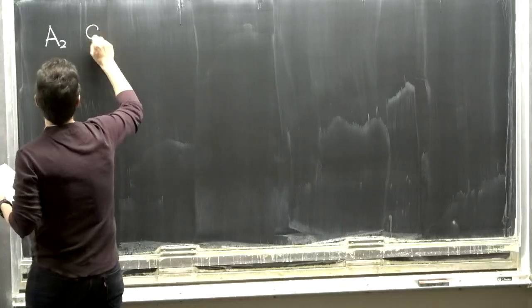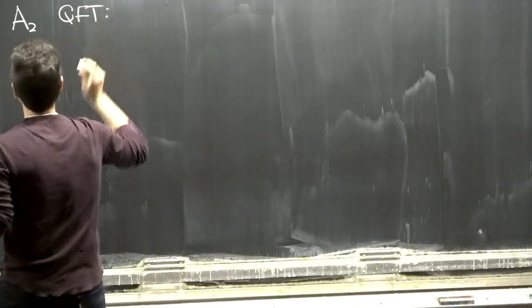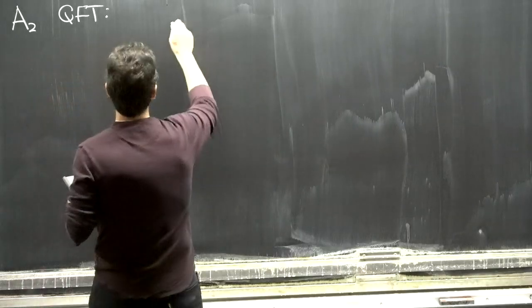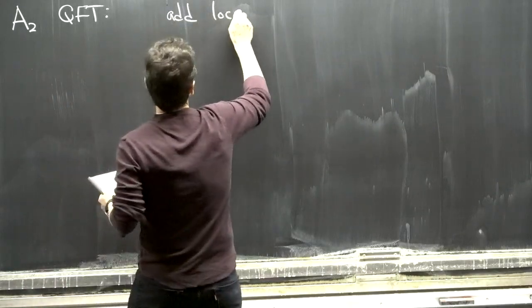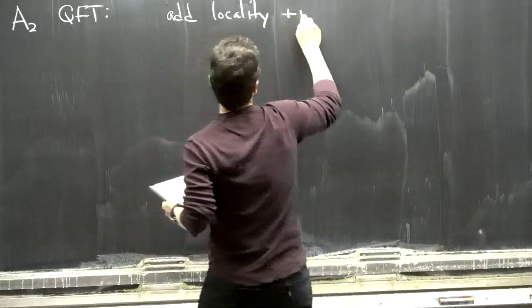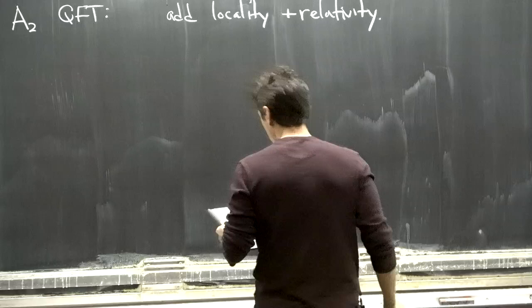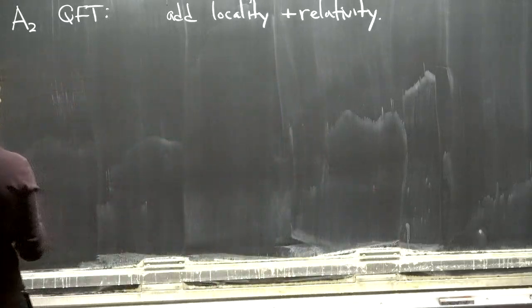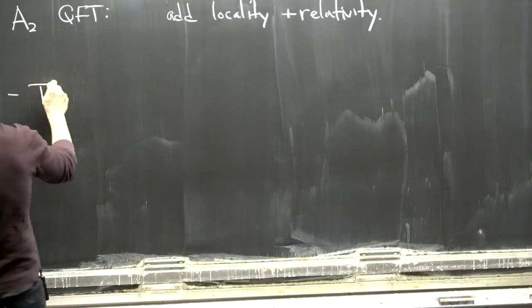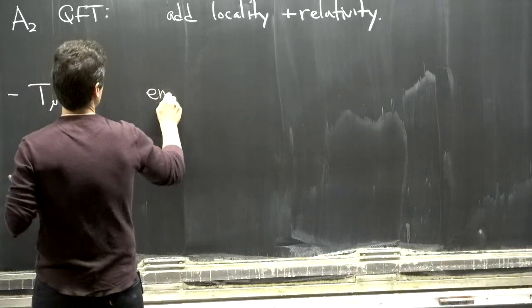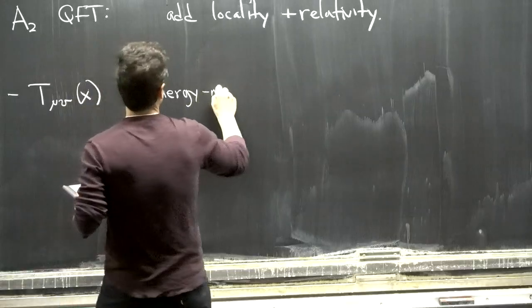Okay, so answer 2, quantum field theory, which we're going to build on. In quantum field theory, we of course have the Hamiltonian and the Hilbert space, but we have more structure. I'm going to add ideas like locality and relativity, and we're going to see what that buys us. The first thing is that we don't just have a Hamiltonian, we have a local operator, T mu nu, which is the energy momentum tensor.